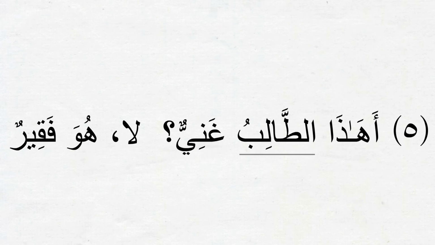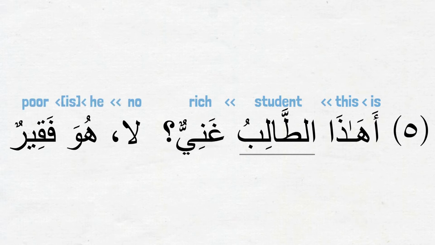Part 5 also involves the ism الطالب. أهذا الطالب غني؟ لا، هو فقير. Is this student rich? No, he is poor. Now we want to ask, are these students rich? We talked about جمع التكسير of the ism غني in the last video. It follows the pattern أفعلاء. Can you convert غني to أفعلاء pattern?